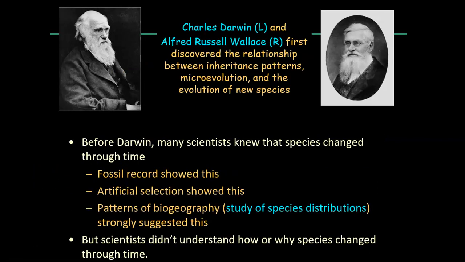Okay, now this is all about an idea that emerged in the 1800s from these two guys, Charles Darwin on the left and Alfred Russel Wallace on the right. These old white dudes with big beards had some ideas about how the world was put together in terms of nature.